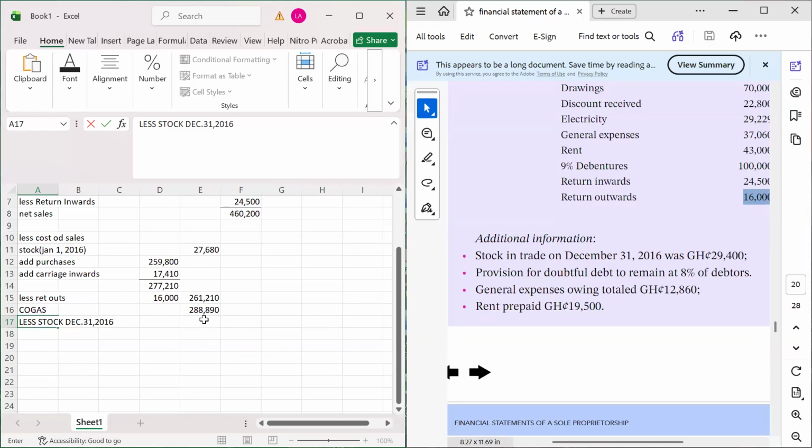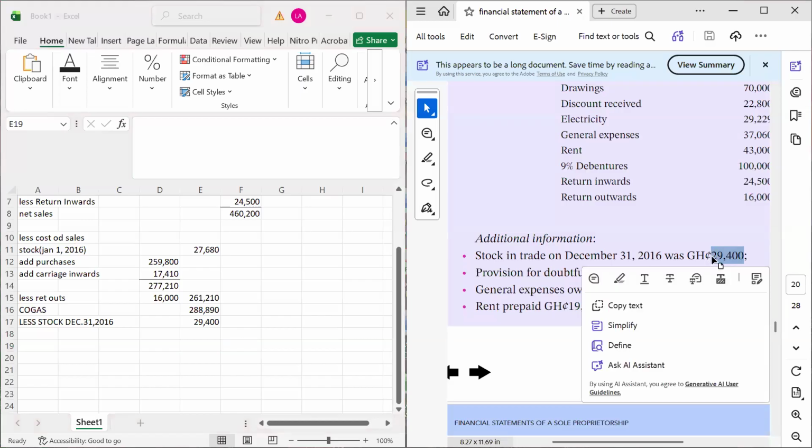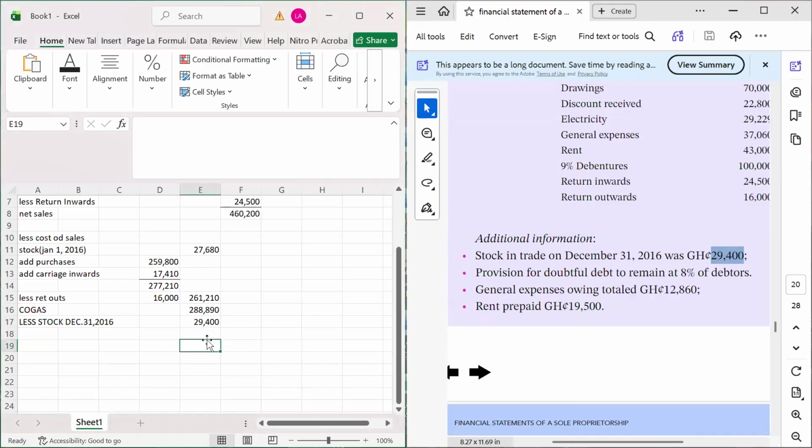And how much is that? 29,400. Once you get something wrong, it will affect everything. That's one thing about accounting. So 29,400 is this figure we are talking about.